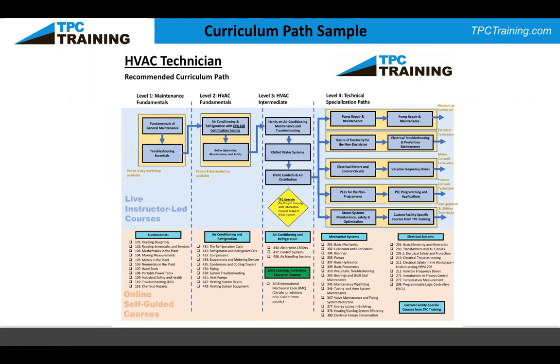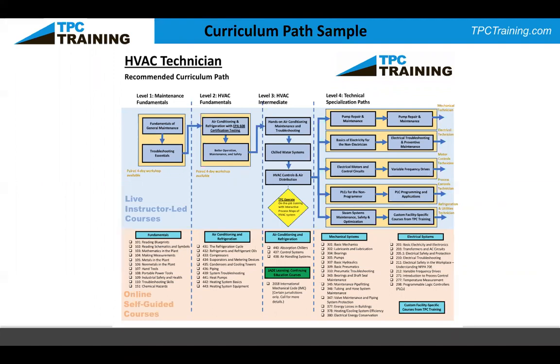Now you're going to start getting into air conditioning and refrigeration, hands-on air conditioning maintenance troubleshooting courses, chilled water, and HVAC controls and distribution, and coupling those with very specific online classes as well. So really there are all sorts of ways to blend together different learning styles, for those who learn hands-on, to mix with those who learn by hearing and just reading and understanding, and those who learn by interaction.